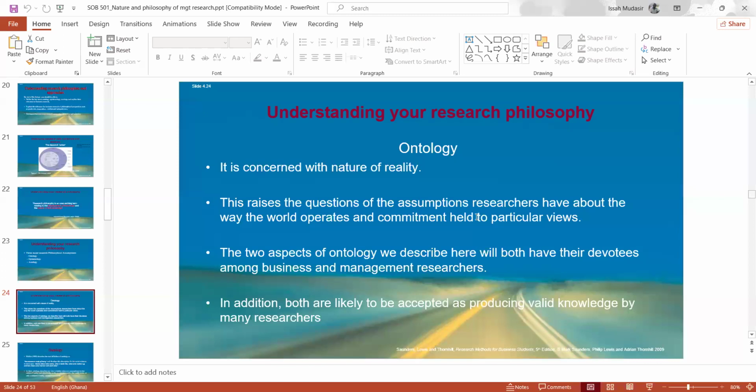Now, the nature of reality has continuously changed over time. So, for instance, we have grown to know that when you are born, you are either born a man or a woman. And in some few situations we have hermaphrodite.